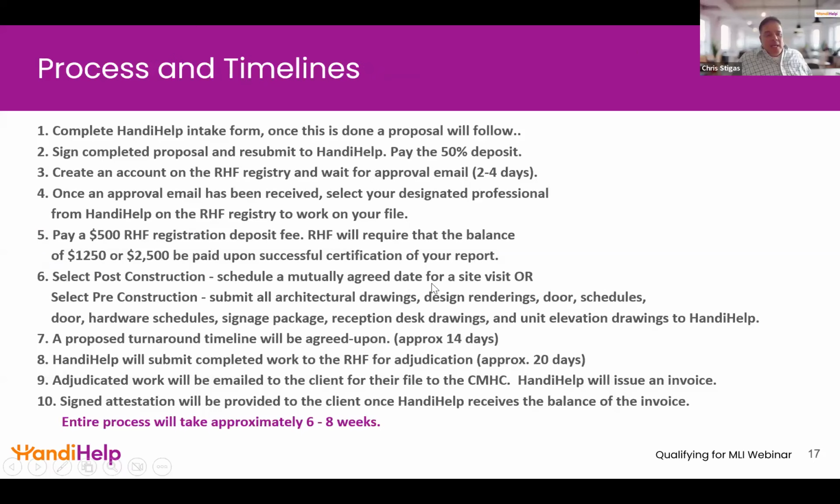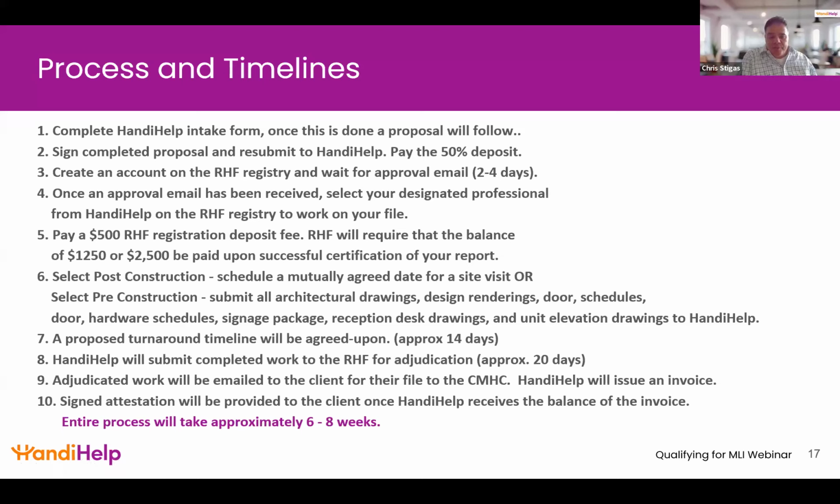Yep. So this is just a recap of the processes and timelines of going through the program and what kind of timeline you should expect. It's going to take somewhere between 6 to 8 weeks to get through the whole process.